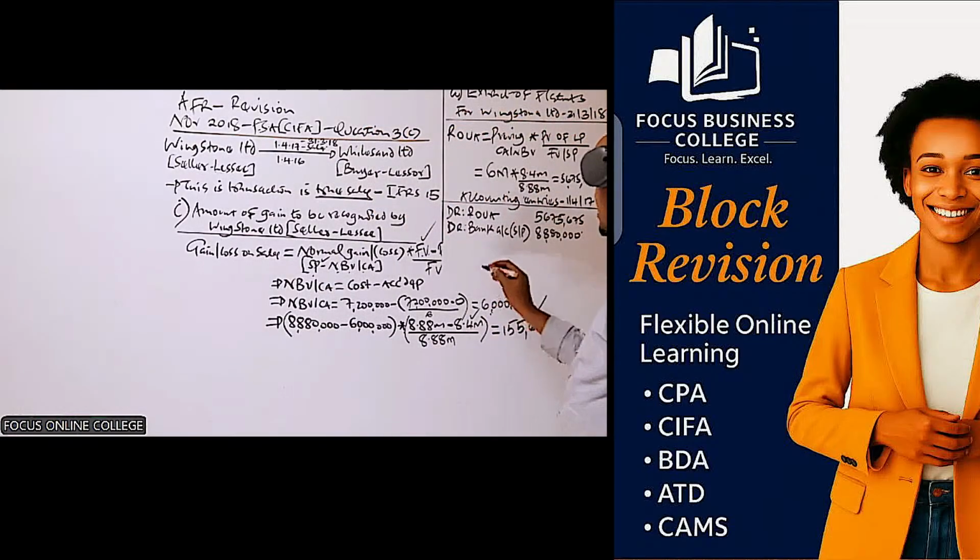After debiting that, our company here will credit, I think, three accounts. The first one is the statement of profit or loss with a gain, which you have computed here. Where do we have that gain? This one, 155,676. The other account to be credited is the asset account.